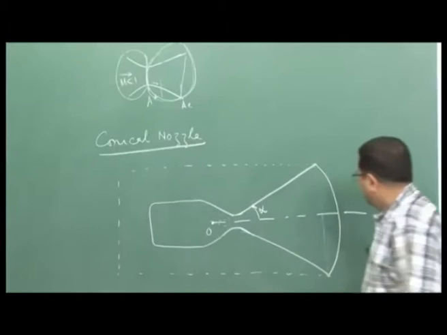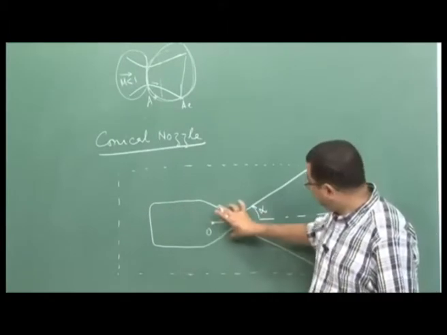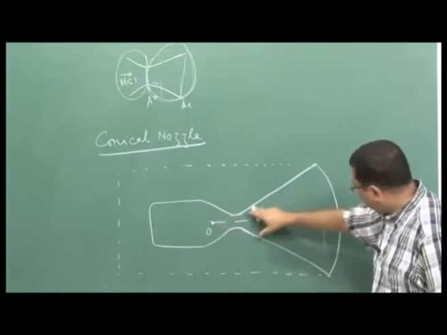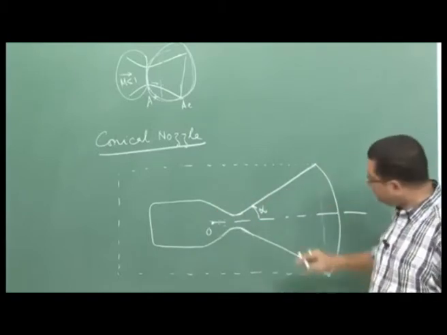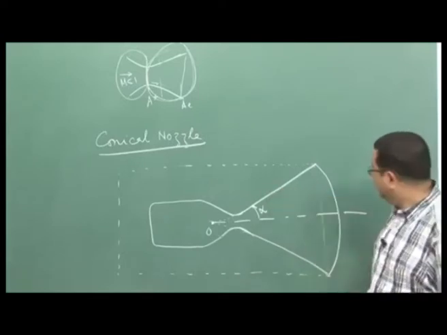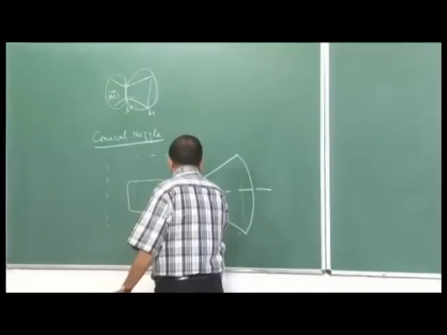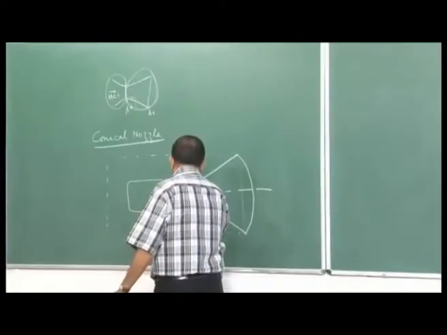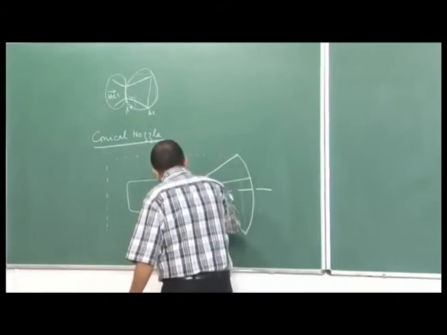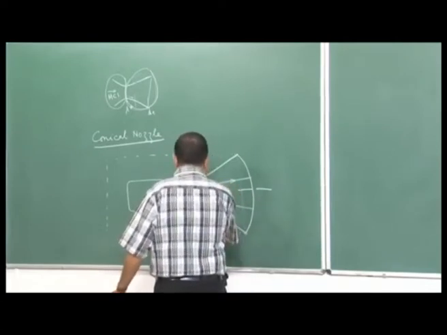Now, let us look at this nozzle. This is my rocket combustion chamber, this is the converging section of the nozzle. The diverging section we are considering is a conical section with a half angle alpha. Now, we also assume that the flow consists essentially of streamlines, all of them emitting from this point O, and these are the flow directions.